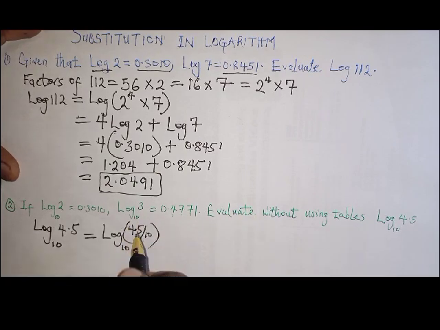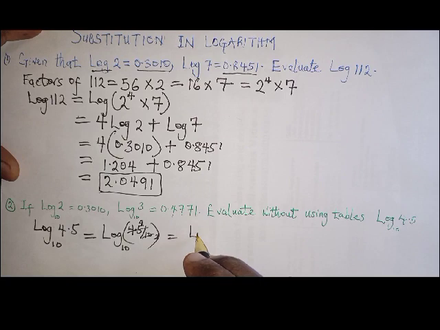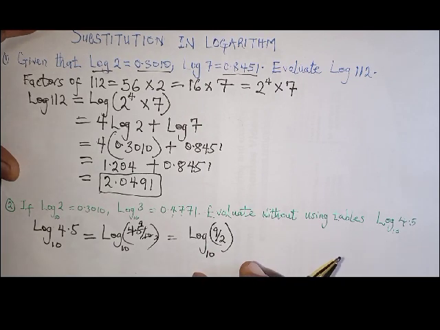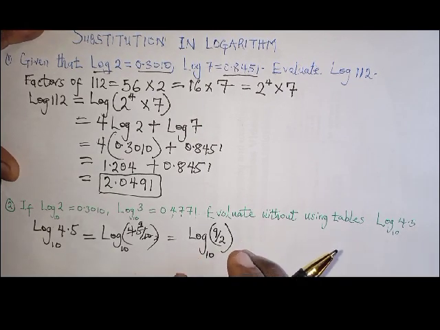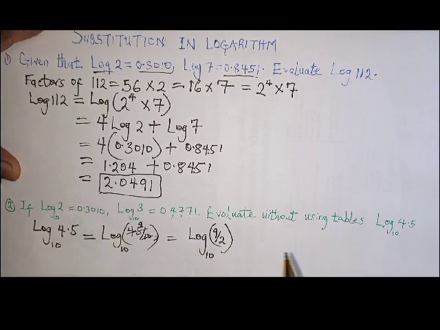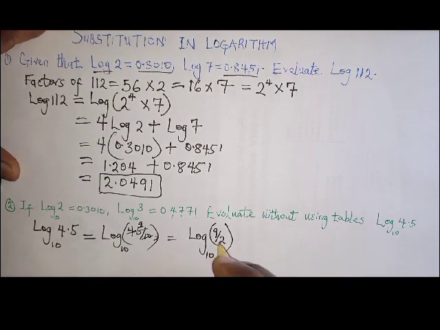Now I want to split this further. 5 goes into 45 nine times, and 5 goes into 10 two times. So this is simply broken down further into log of 9 over 2 in base 10. Now, this is also the division law, so I can then take the subtraction.